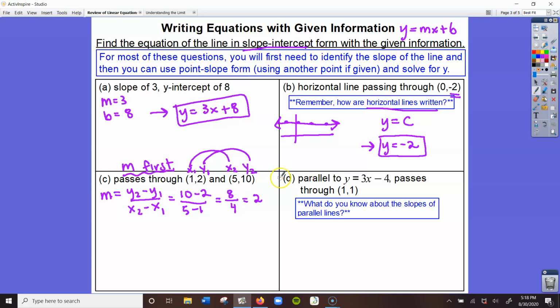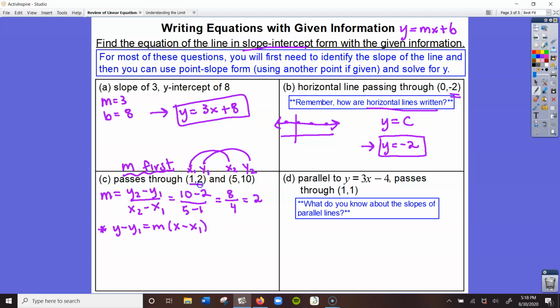So let's evaluate now what information we have. We have the slope, and we have 2 points. Because I have a slope and a point, we're going to use point-slope form, which, as a reminder, is y minus y1 equals m times (x minus x1). So we're going to pick a point. It doesn't matter which one because you can't use both.